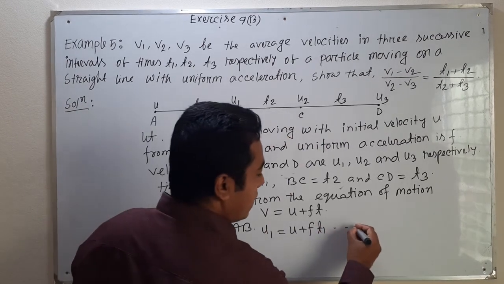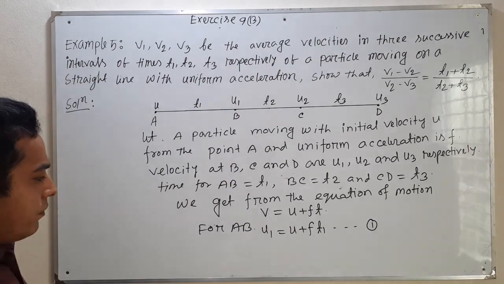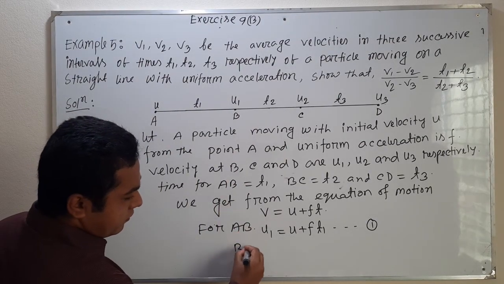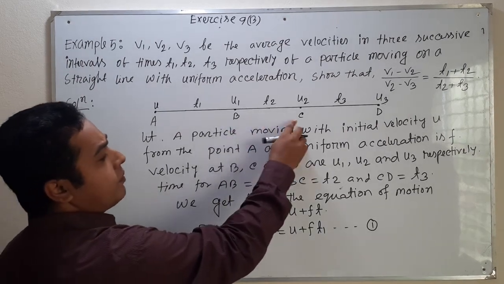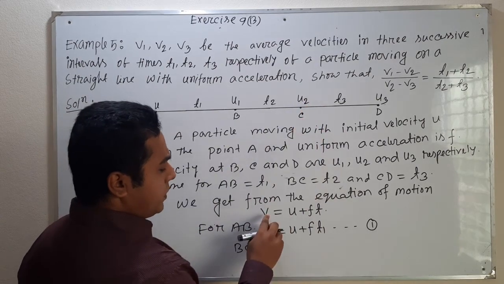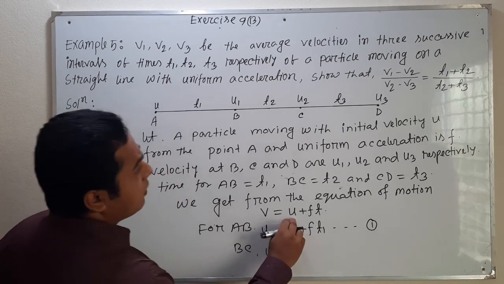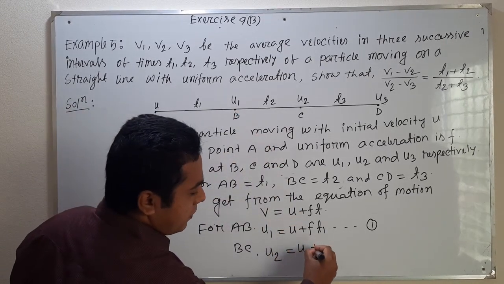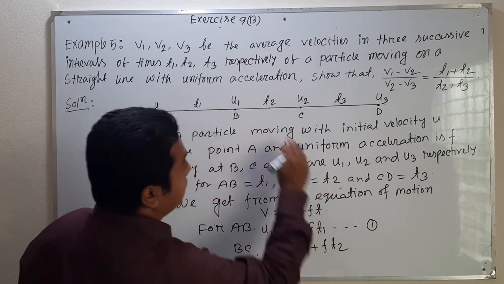Okay, equation number 1. Okay, for BC, terminal velocity is u2, so v is replaced by u2, and the initial velocity is u1, f is always equal, and time is t2.